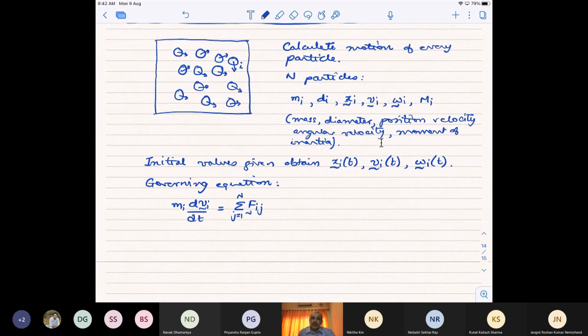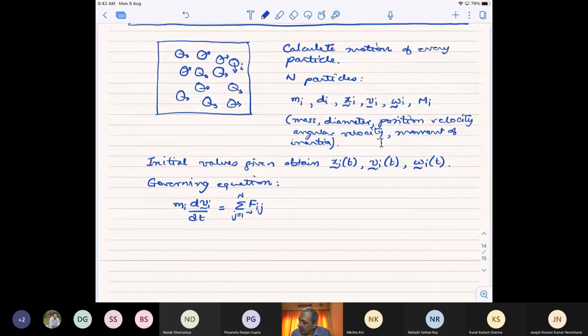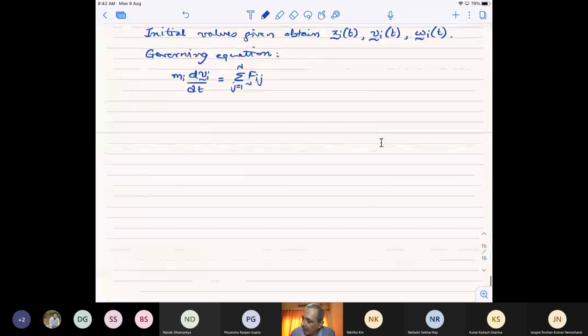So Fij is the force applied by the j particles that are acting on particle i, and these will be the interparticle forces, that is the force exerted by particle j on particle i. And then you have the force due to gravity, which is just mi times g.